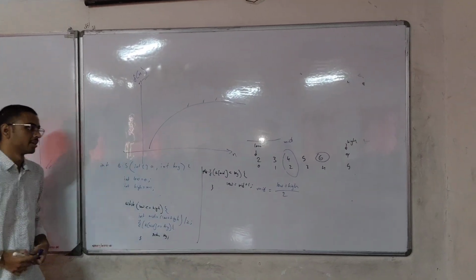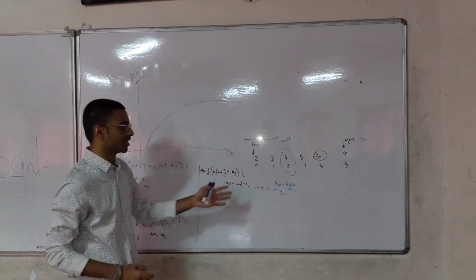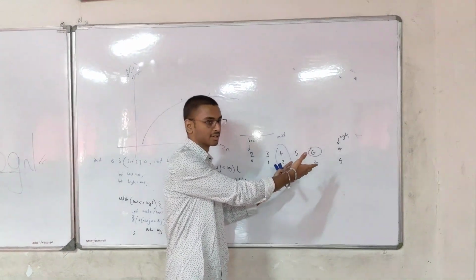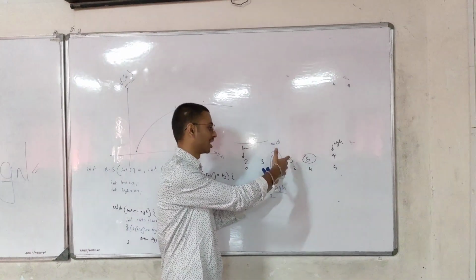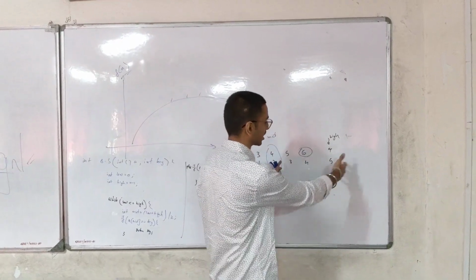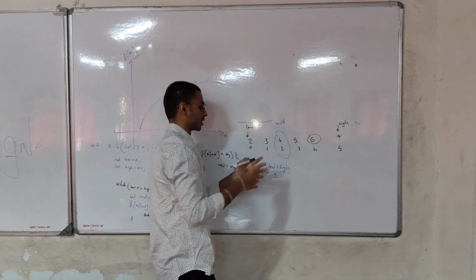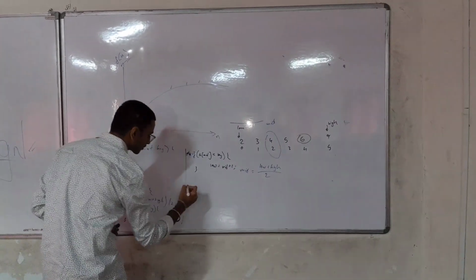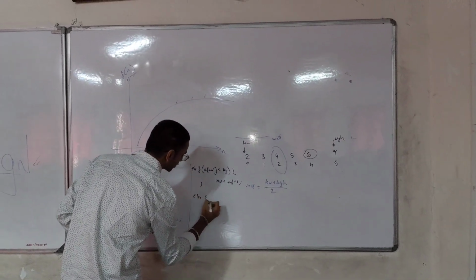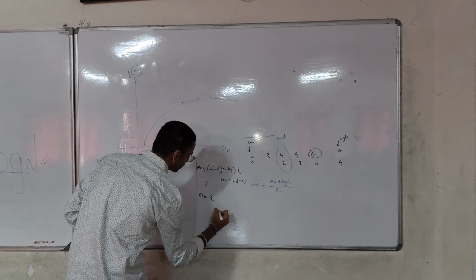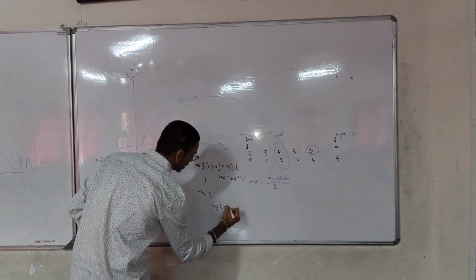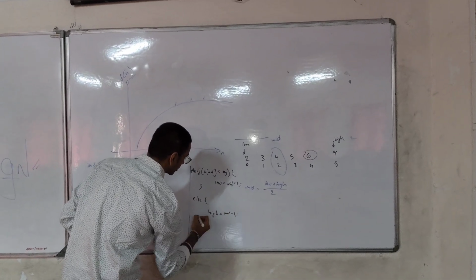Right. Now, what if my a of mid is greater than key? Then obviously I'm not going to search for the element towards the right of the array. So I just update my high value to mid minus 1. Else high is equal to mid minus 1.